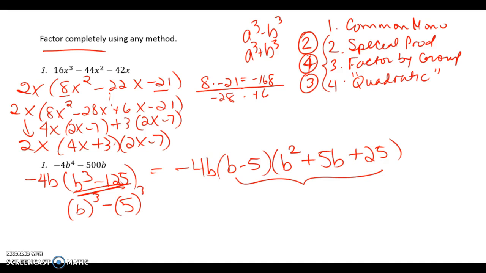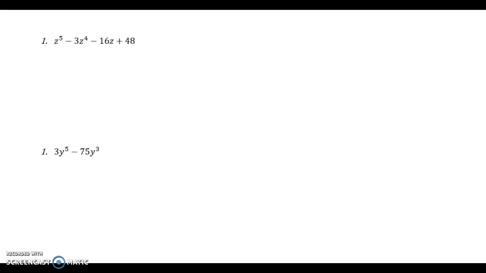So there is my complete, yeah, that looks like my complete set of factors. All right. Actually, if I pull out a negative here, that would make this a positive, which makes this a positive and this a negative. So watch those signs. Very important.